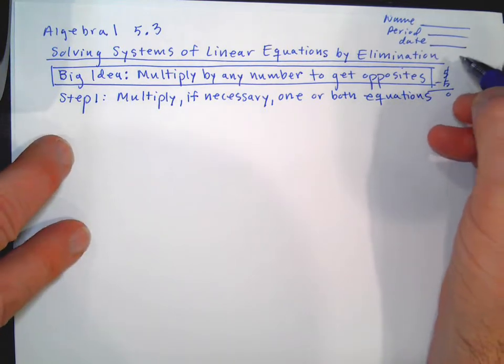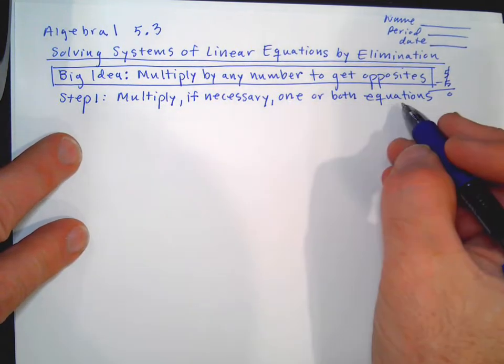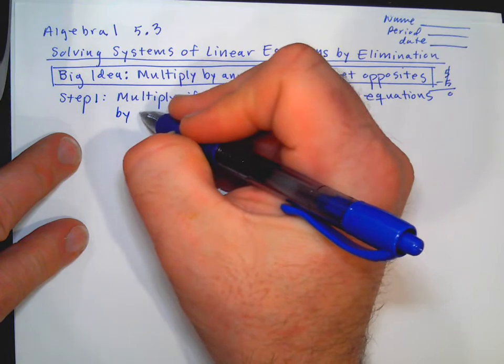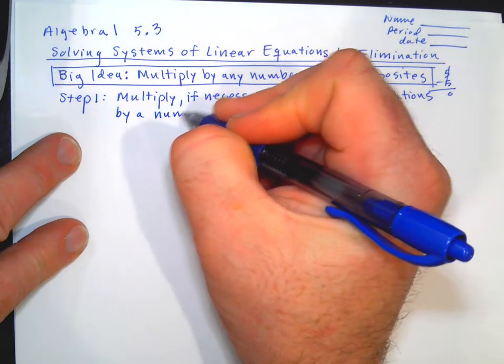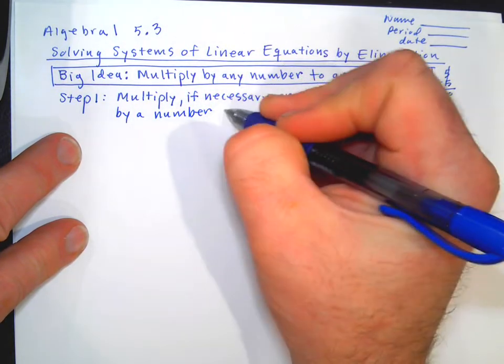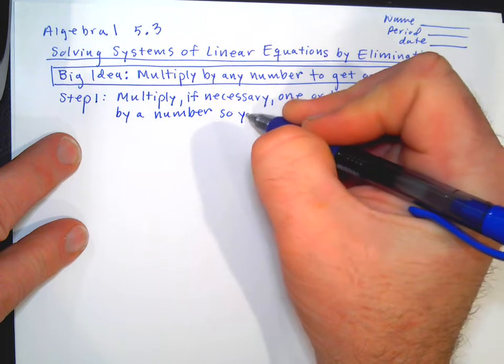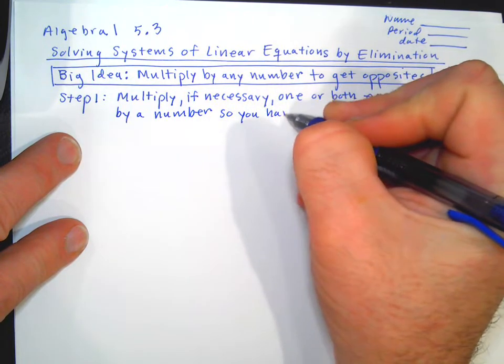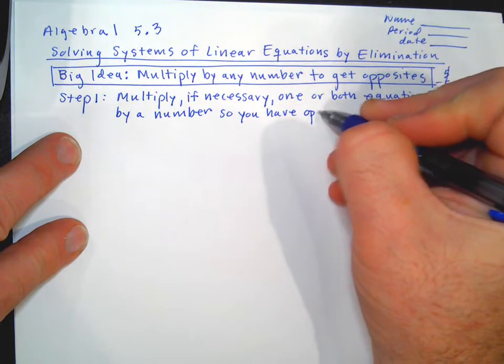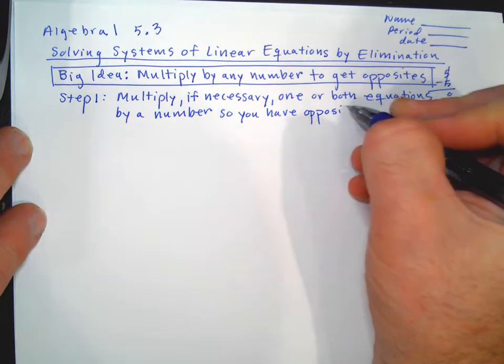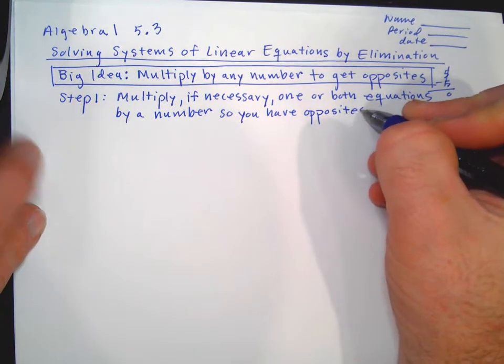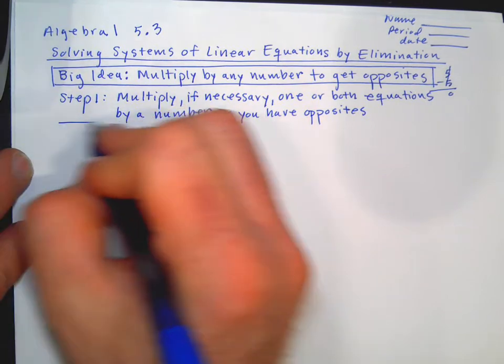So the system is one or both equations by a number, so you have opposites. So we're trying to set this up. So that's step 1.